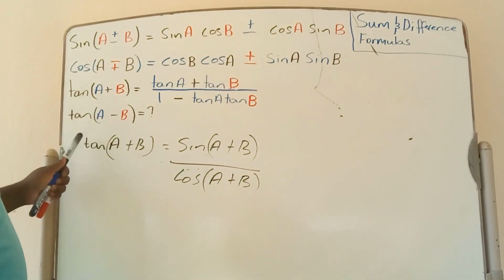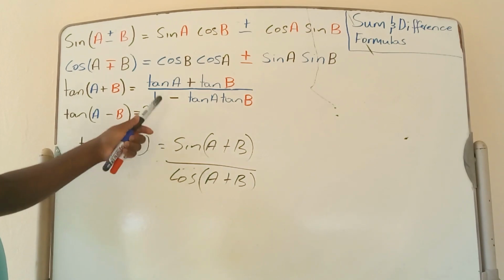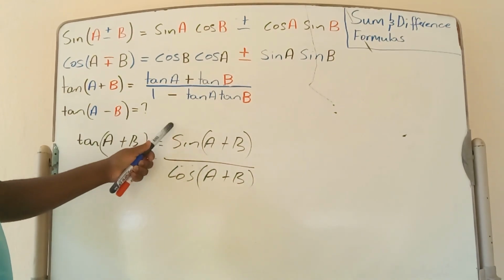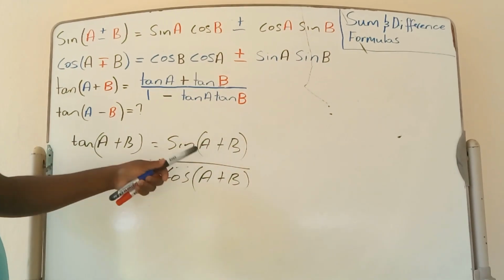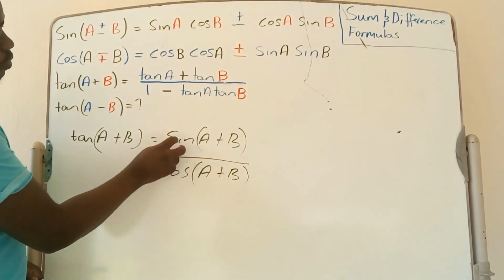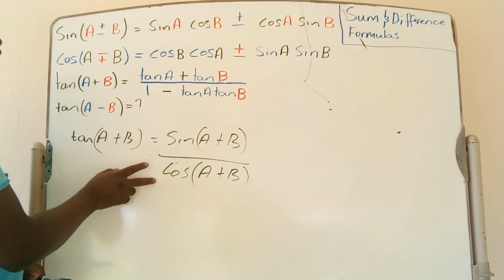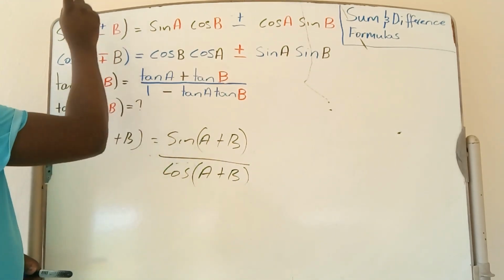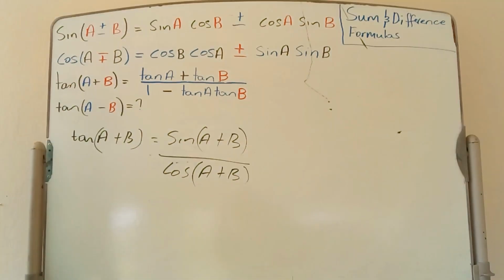Now we know that tan of A plus B is the same thing as saying sine of A plus B divided by cos of A plus B. Then we can expand this using the sum and difference formula for sine and cos, right?